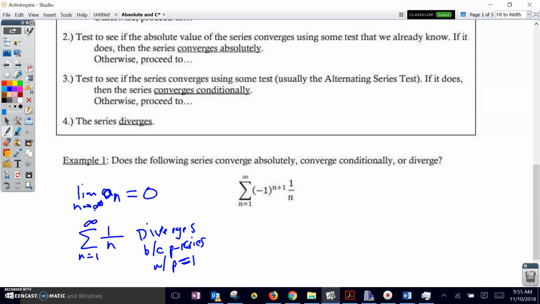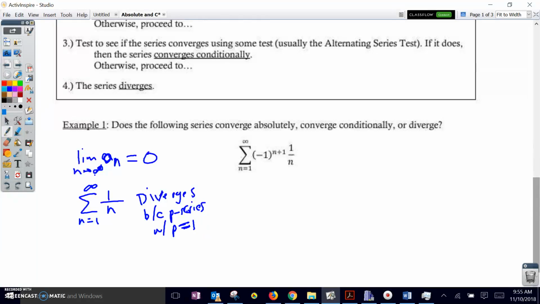So this does not converge absolutely. So we've narrowed it down to two possibilities. It might converge conditionally, or it might diverge.